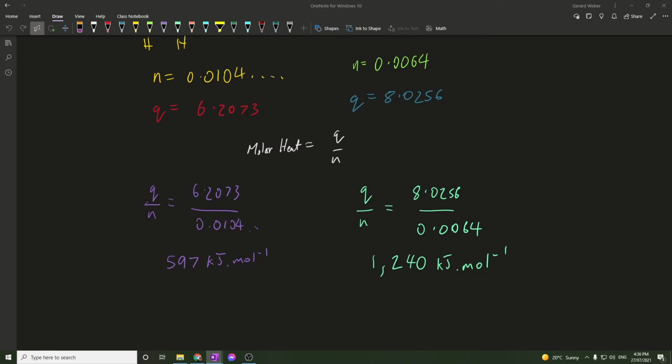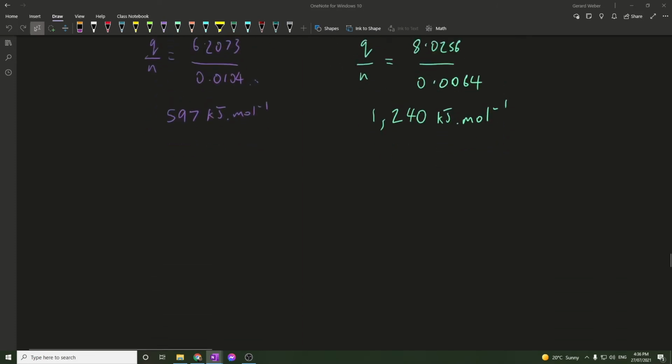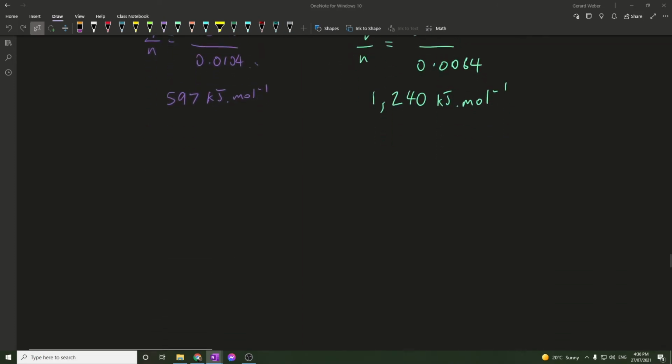But when I compare my numbers with my SI data book's published values, we actually find that we are a little off. For ethanol, the published value is 1,367 kilojoules per mole.